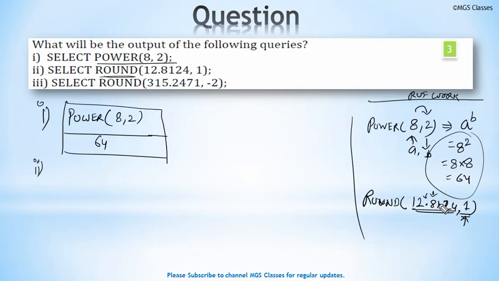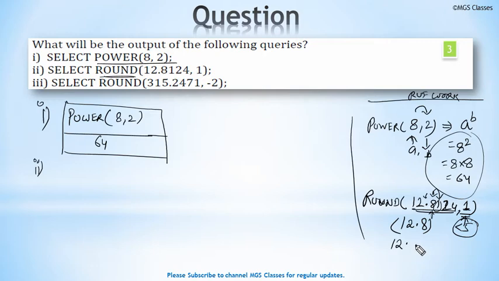So 12.8 will be the output, because whenever we are rounding it up to one decimal point, we will look at the one decimal place and see its next number. The next number is 1, that is less than 5, so we will not increment this number, so its output will be 12.8 only.